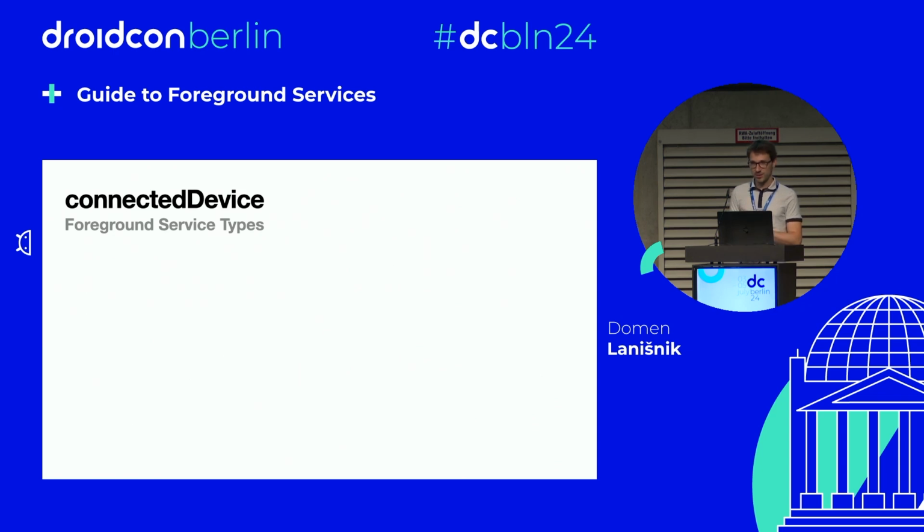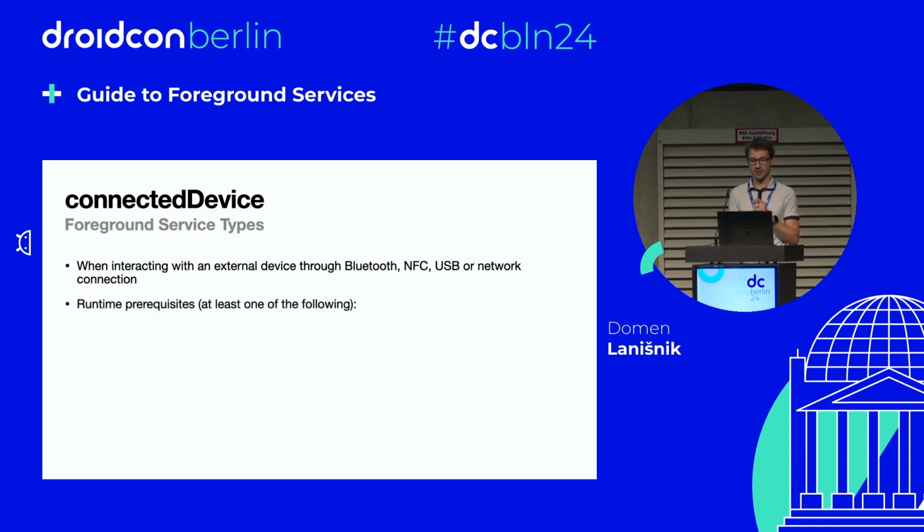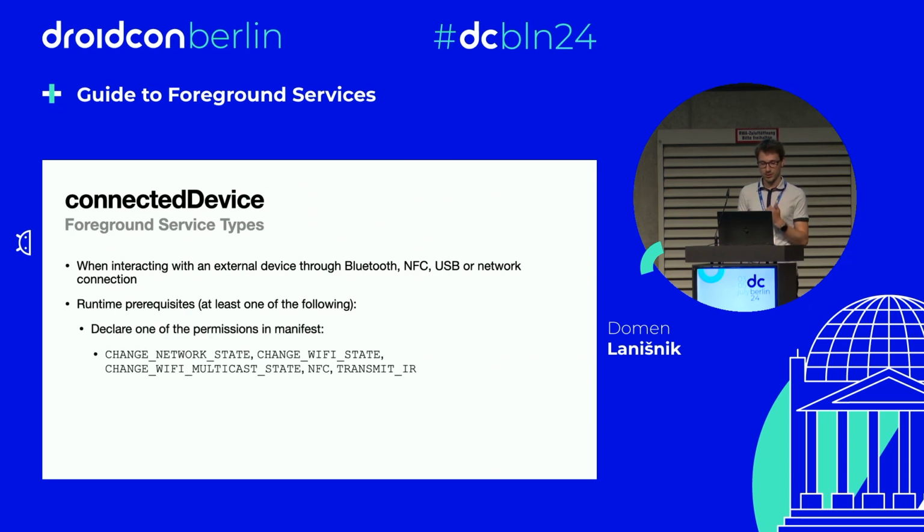Another interesting type is the connected device one. It's used when you interact with an external device through Bluetooth, NFC, USB, or network connection. And it's interesting because it has very complicated runtime prerequisites. So at least one of the following three needs to be true, so you can actually start the service. You need to declare one of the permissions in the manifest to access the network state and change it.